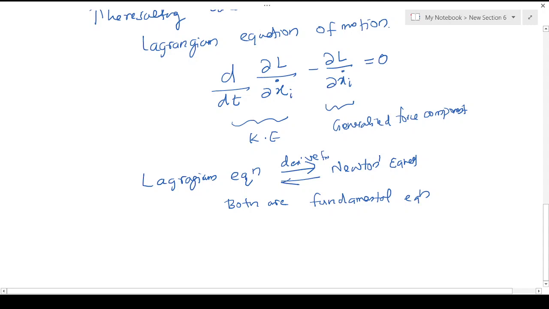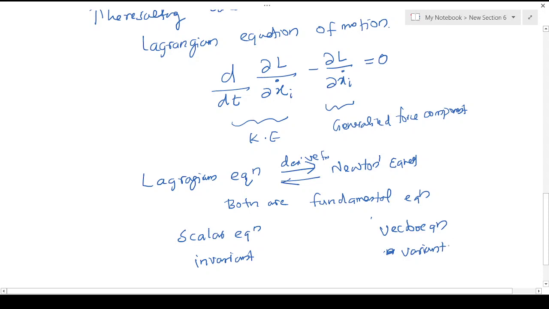And when you consider the Lagrangian equation, the important aspect is that it is a scalar equation. Okay, and it is invariant under any frame of reference. We can utilize this, whereas Newton's equation is actually a vector equation, and it is not invariant, that means it is a variant equation.